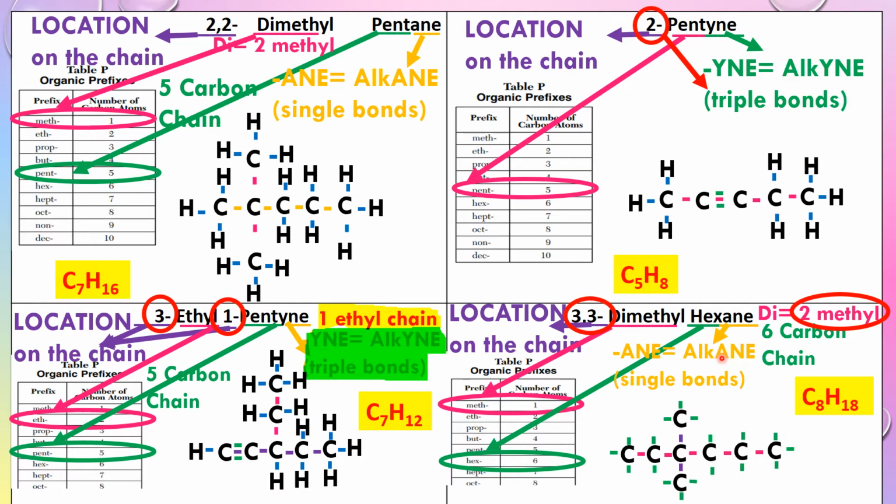Okay, so put in your main 6 carbons, so your main chain, your hexane. I notice on the third carbon, I should have 2 extra accessories, so 3, 3. On the third carbon, I've got my first methyl group, and I have my second methyl group. Okay, so 1 carbon goes on the top, 1 carbon goes on the bottom. This main carbon here on this hexane, this third carbon, now has 1, 2, 3, 4 bonds around it.